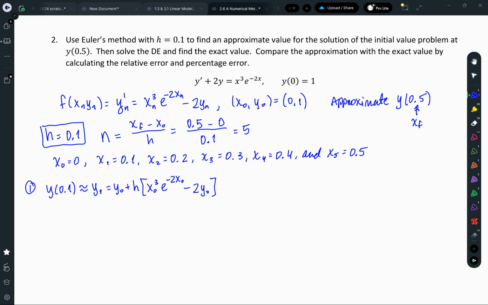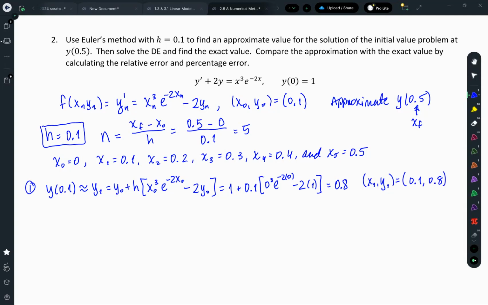Okay, plug everything in. This is equal to 1 plus 0.1 times 0 cubed times e to the minus 2 times 0 minus 2 times 1. And so what this gives us is exactly 0.8. So right now we know that x1, y1 is equal to 0.1 comma 0.8.